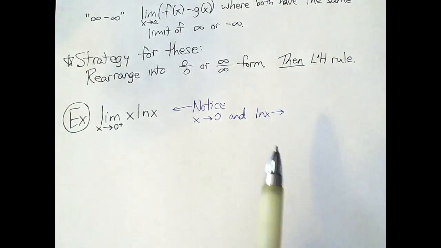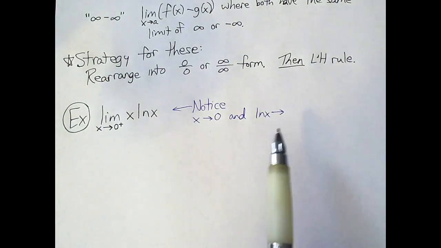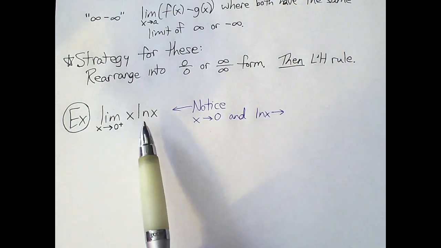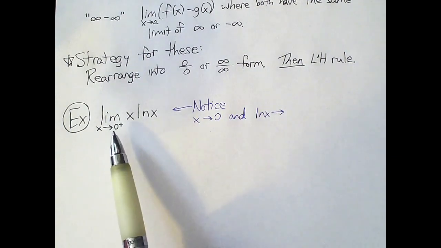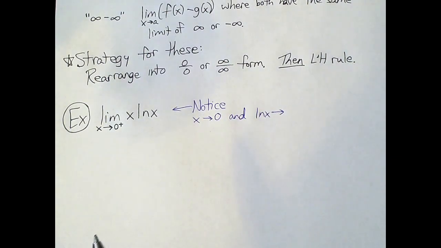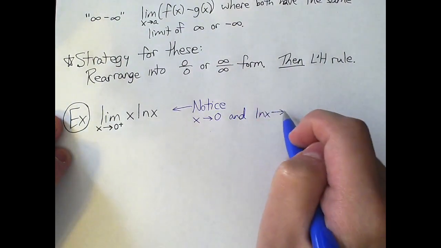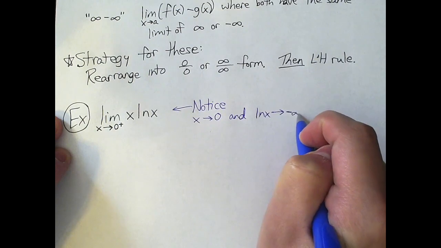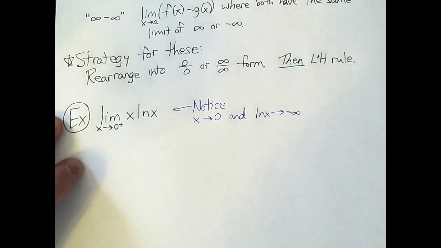Let me ask you, what is ln x approaching as x approaches 0 with a little plus sign? Negative infinity. How do I know that?